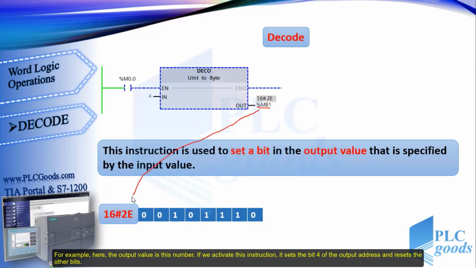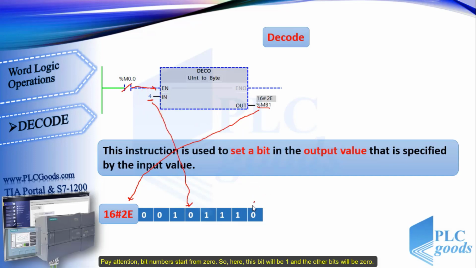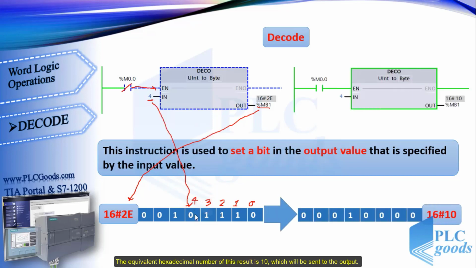If we activate this instruction, it sets bit 4 of the output address and resets the other bits. Pay attention, bit numbers start from 0. So here this bit will be 1 and the other bits will be 0. The equivalent hexadecimal number of this result is 10, which will be sent to the output.